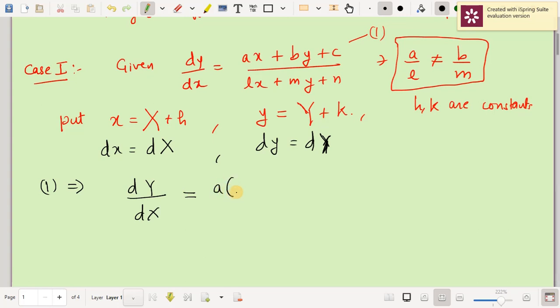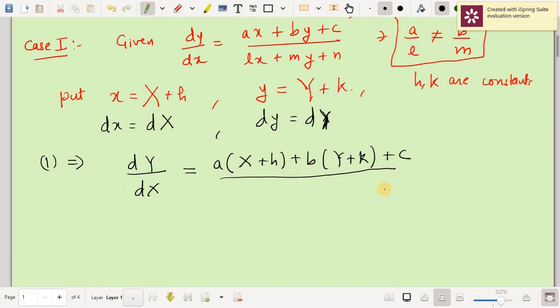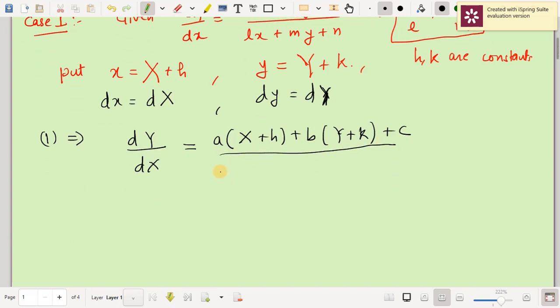In the numerator, a into x is replaced by (capital X plus h), plus b into (capital Y plus k), plus c, and the whole thing is divided by l into (X plus h) plus m into (Y plus k) plus n.